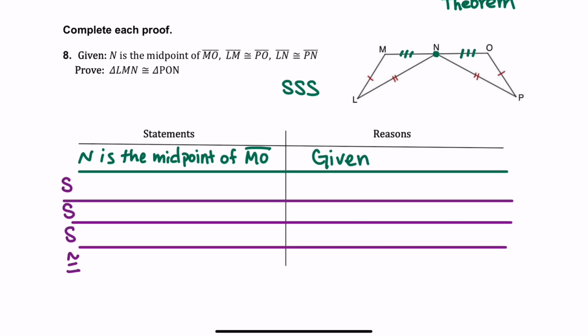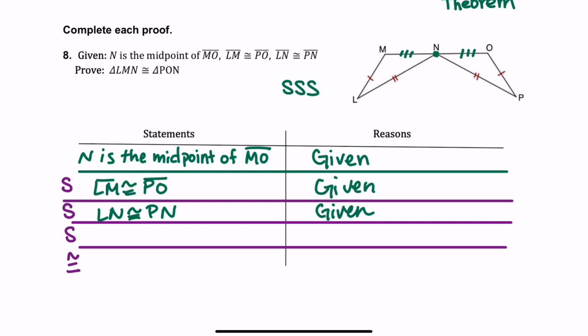Now I've written that N is the midpoint of MO. I wrote that in this first line because that wasn't a side or any of these sides, so I'm not going to write that there. But let's go ahead and write LM is congruent to PO and LN is congruent to PN on two of these sides. All of that information is given, so I'm going to write given on all of those.